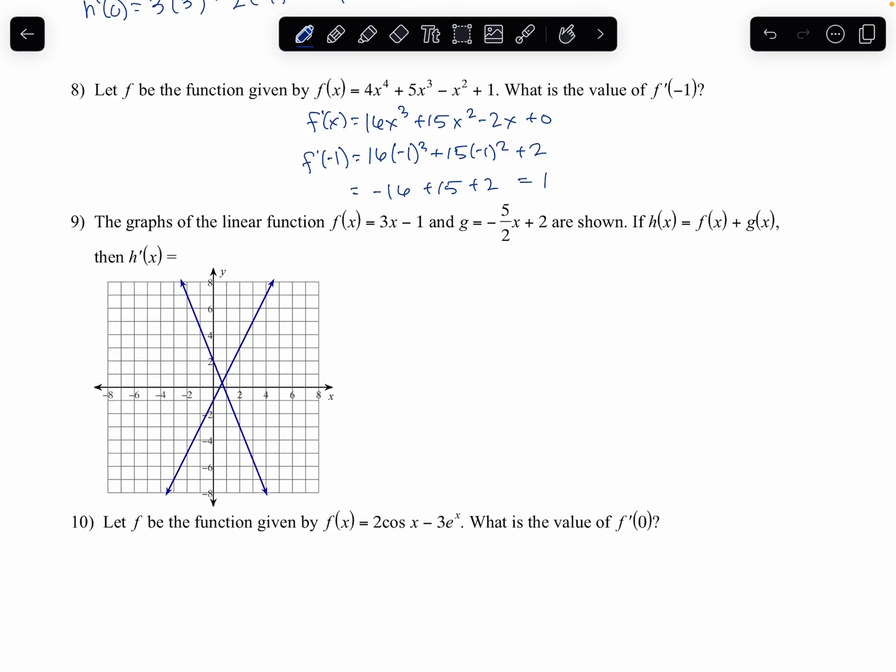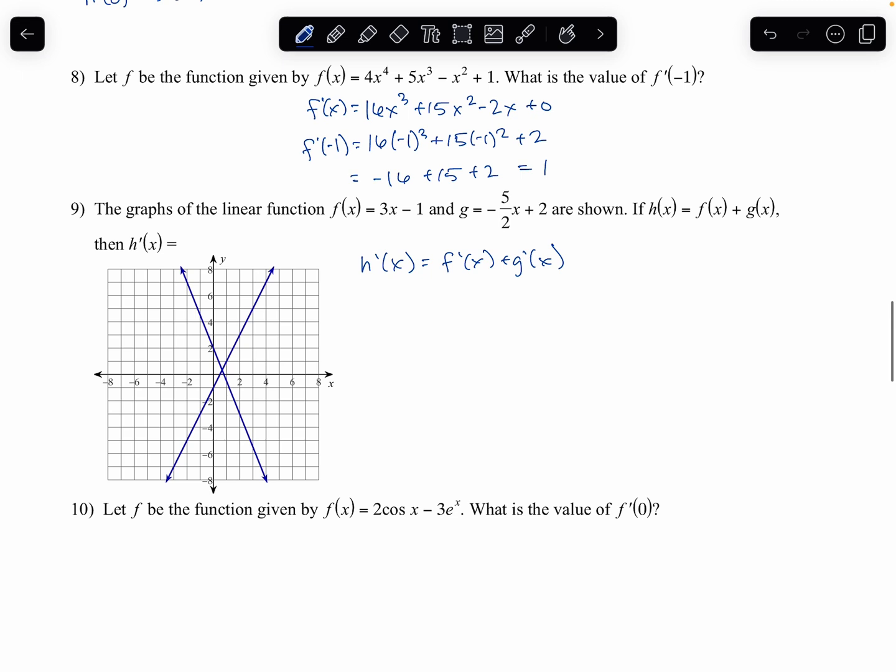The graphs of the linear function f of x and g, oops, didn't write g of x, but whatever, are shown here. So h prime of x is equal to f prime of x plus g prime of x. I'm just using the sum and difference rule here. Since f of x and g of x are always linear, f prime and g prime are going to be constant.